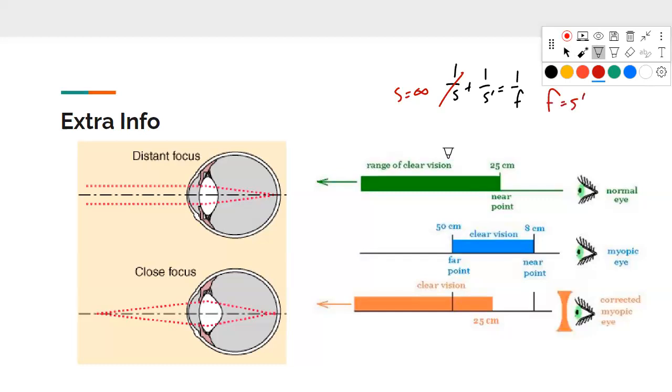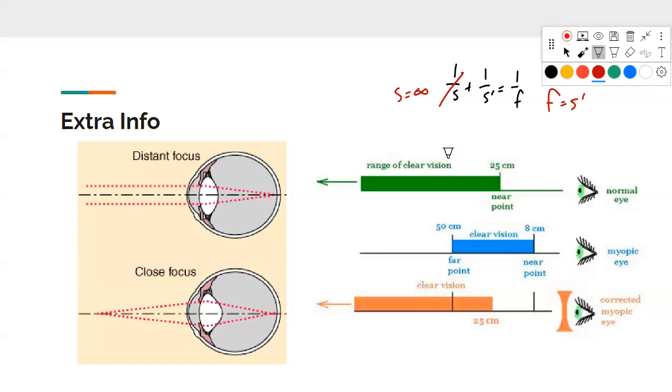So for the case of a relaxed eye, when there's the least strain on your eye, that corresponds to this situation where your focal length is the same distance as the image length. And so the light coming into your eyes that's actually being focused is light just really far away, basically, where the rays are nearly parallel.